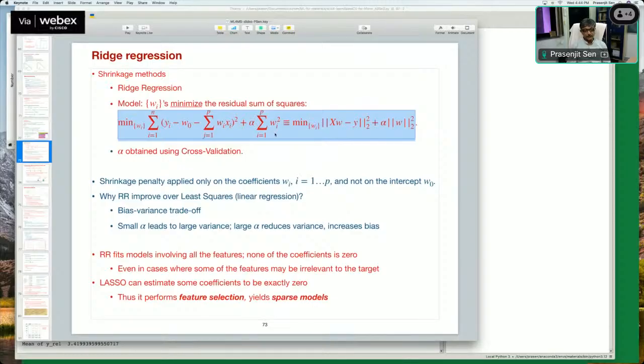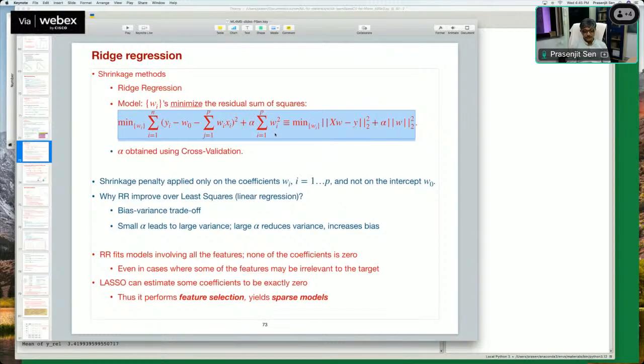Now, ridge regression fits the model involving all the P features, x1 to xp, and generally you don't get any of the coefficients to be exactly zero. Unlike the lasso, where I showed you that some of the coefficients turned out to be exactly zero.